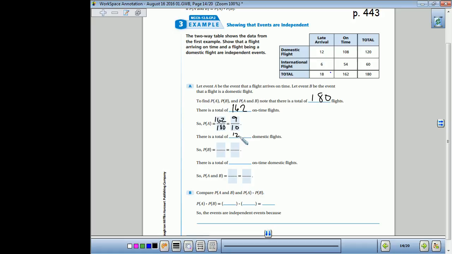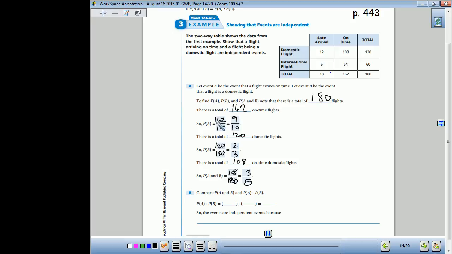There are 120 domestic, so 120 out of 180, which reduces to 2/3. The next one, how many are on-time domestic flights? 108. So this would be 108 out of 180, which is 3/5.